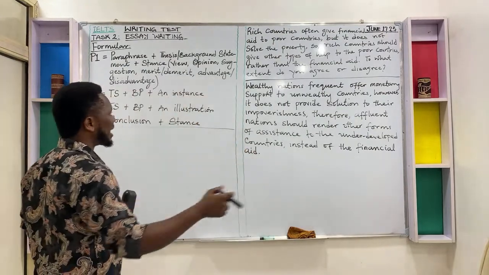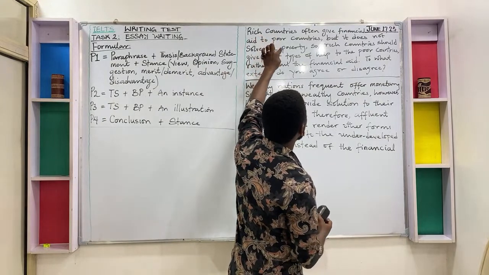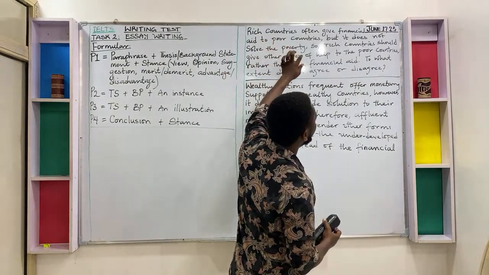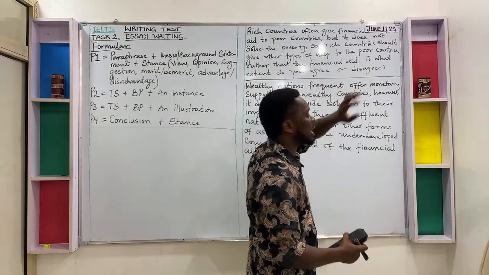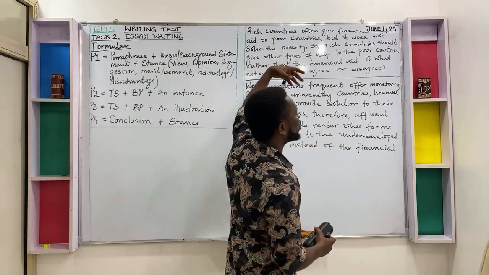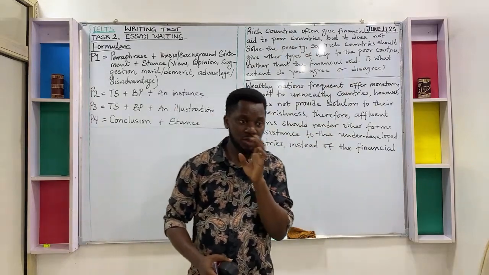So you need to decide if you feel that rich countries should no longer be giving financial aid, rather they should provide other forms of assistance. Or do you want to say that no, it's just giving them money? You understand?